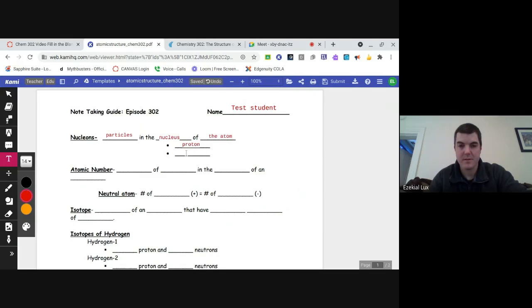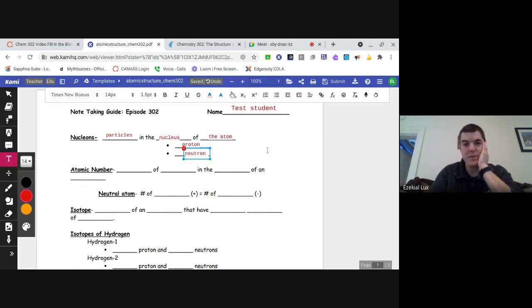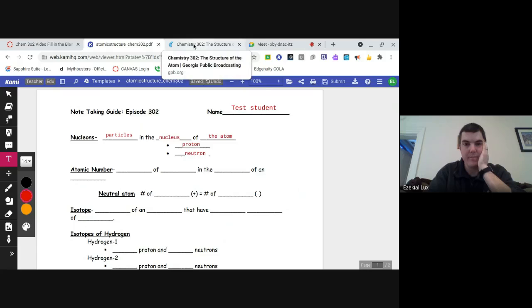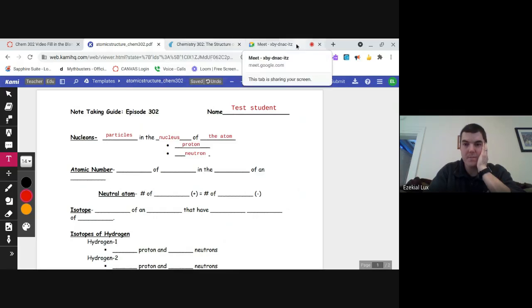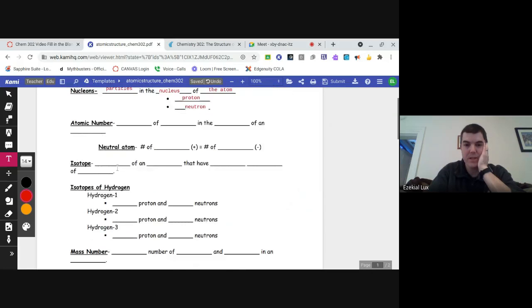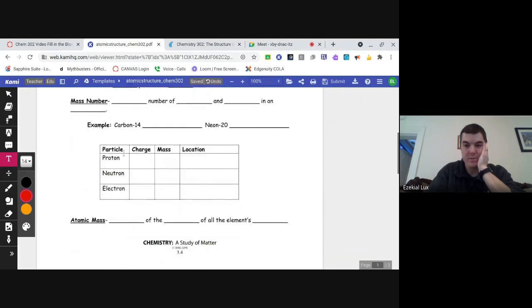Then proton and neutron are going to get filled in to your sheet. Okay, it's not bad. You're going to have to go back and forth a little bit. If this was on paper, it might be a little bit easier, but we don't have that luxury right now. So I'm going to play the rest of this. Are there any questions of what you got to do? That gives you the first bit. You're just going to use the text box and put the answers in. He's going to give you every single one of these answers.